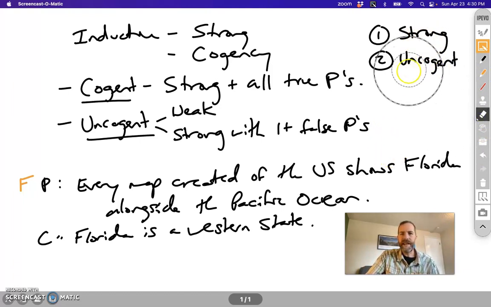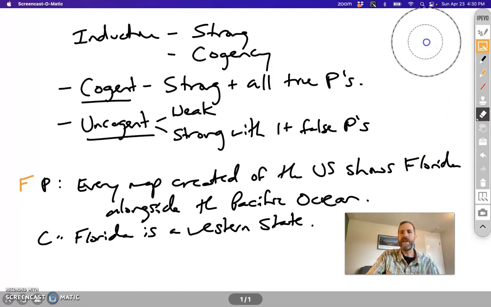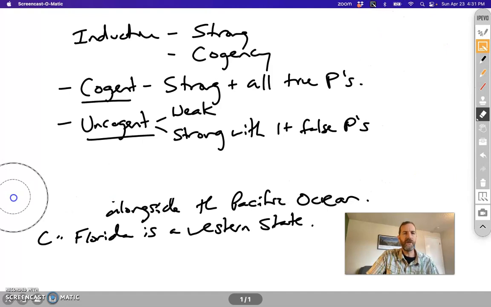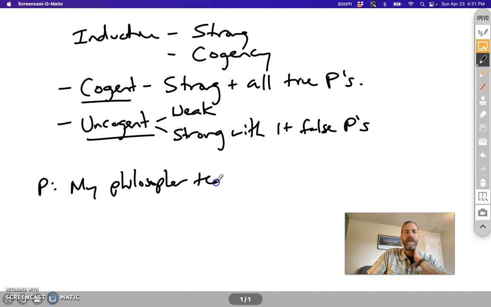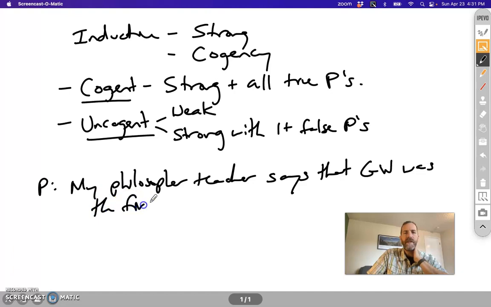Now let's consider a weak argument. And weak arguments are always, by definition, uncogent. So let's look at another, like a bad appeal to authority, a fallacy. And we'll say my philosophy teacher says, let's say that George Washington was the first U.S. president.